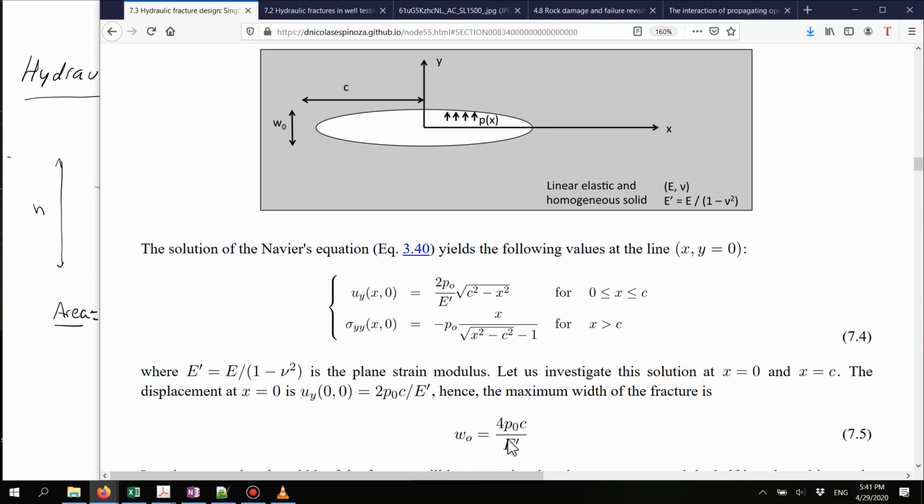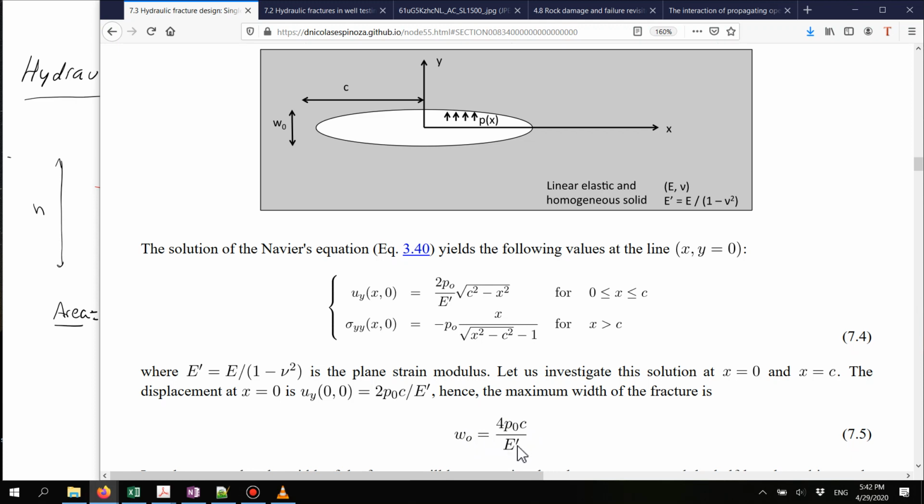So I hope that you see from this equation that the width of this opening is going to be, of course, directly proportional to pressure, but it's also proportional to the length of the fracture. The longer the fracture for the same pressure, the larger is going to be the width of such fracture.